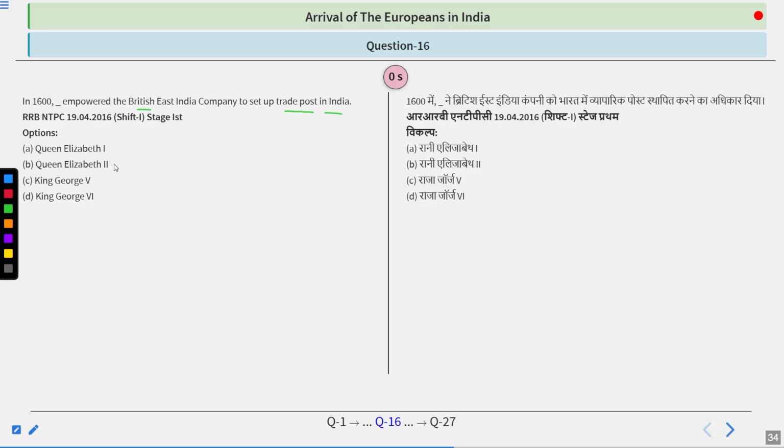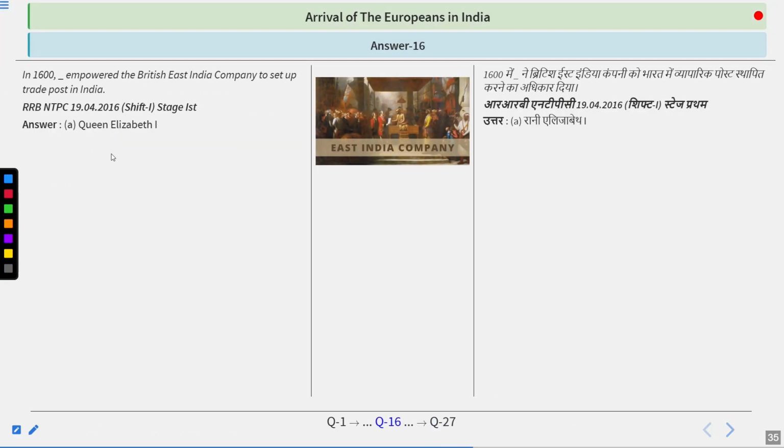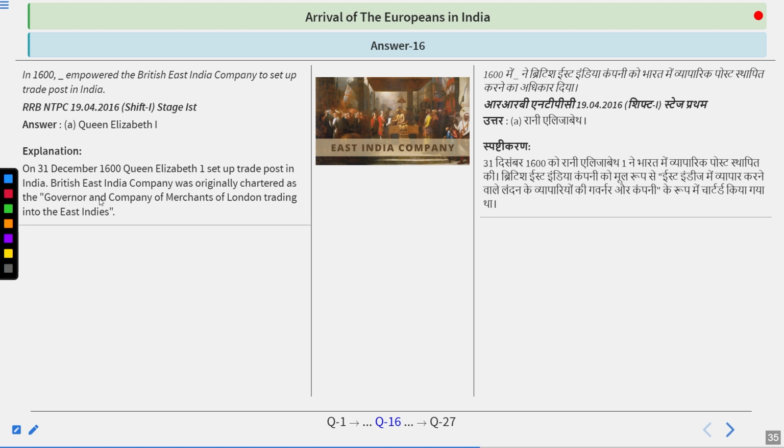And I guess the answer you are giving is quite right. So the answer is Queen Elizabeth I. So on 31st December 1600, Queen Elizabeth I empowered the company to set up trade posts in India. British East India Company was originally chartered as the Governor and Company of Merchants of London, trading into the East Indies.